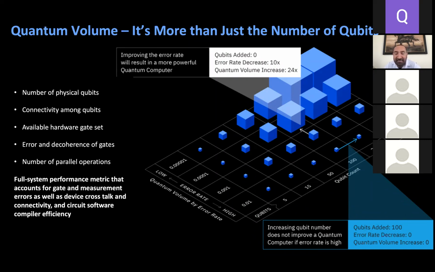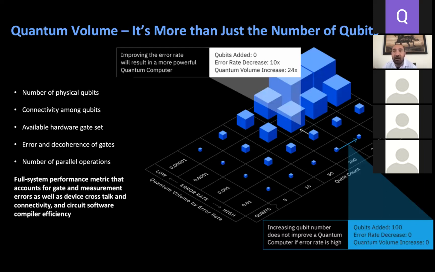On the other hand, at the bottom, we see another example in which a computer gets nothing less than 100 new qubits. However, the error rate does not decrease at all. And as a result, the quantum volume does not increase at all either. So that's what we need to look at.